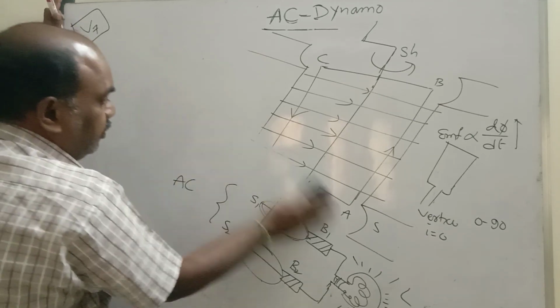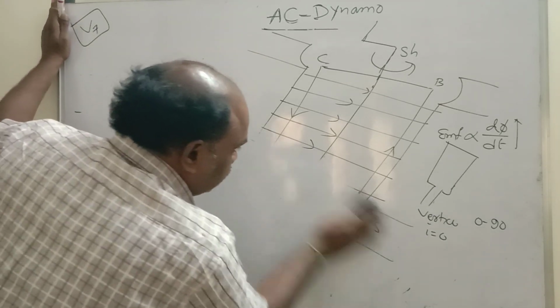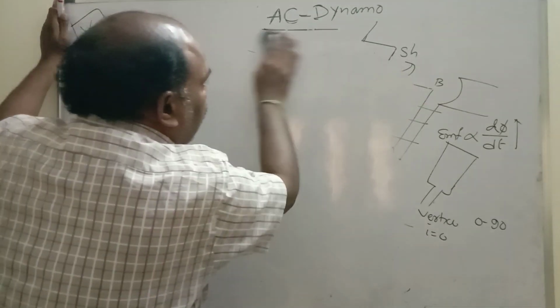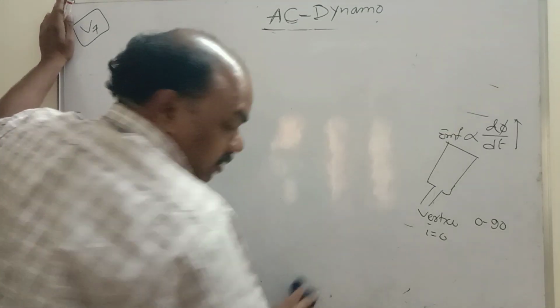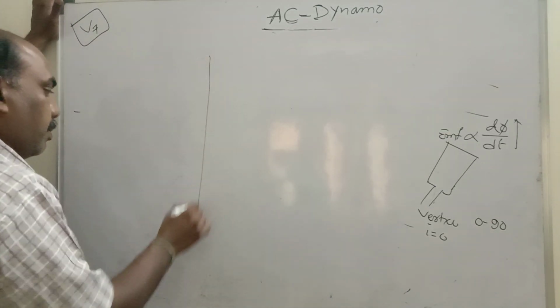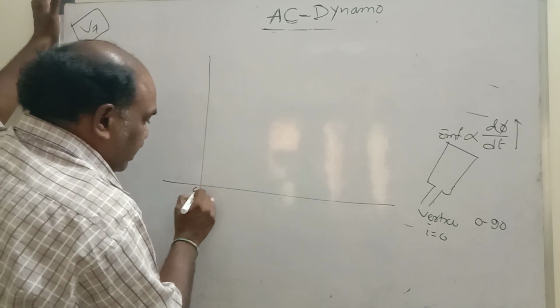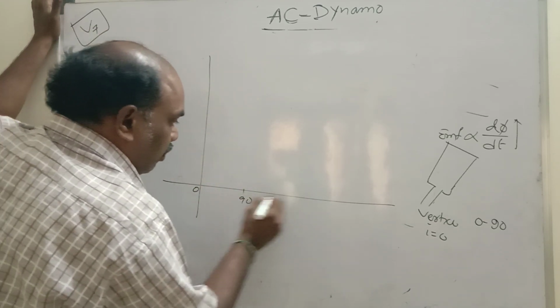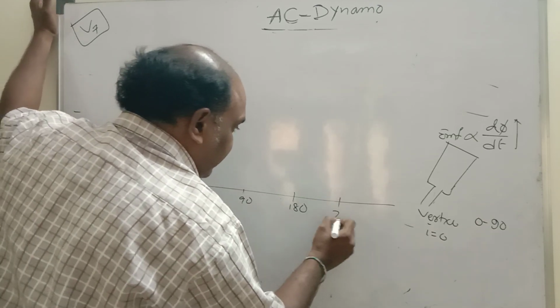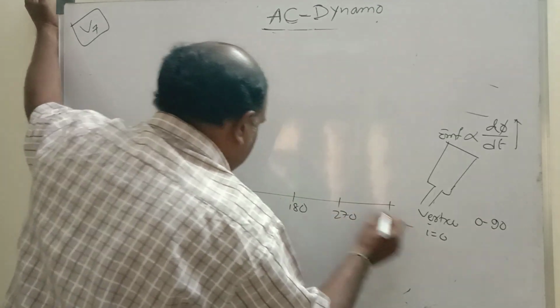Very important graph. See here: 0, 90, 180, 270, 360.